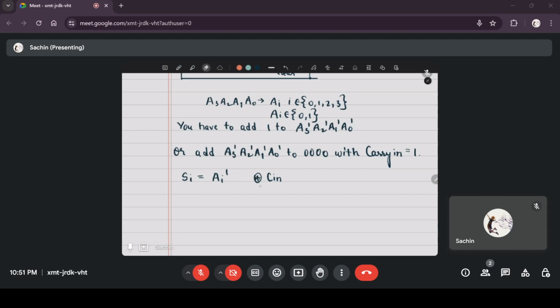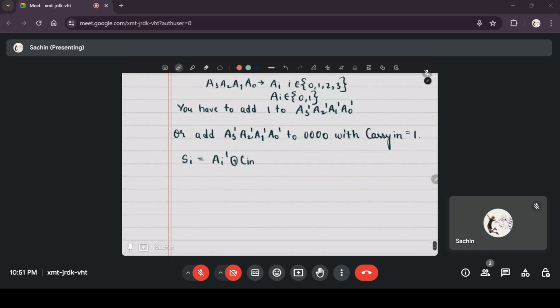A XOR 0 XOR Cin will reduce to A XOR Cin. Now one property of XOR is that this can be rewritten as A XOR Cin complement. So the sum at stage i is equal to Ai XOR Cin complement.